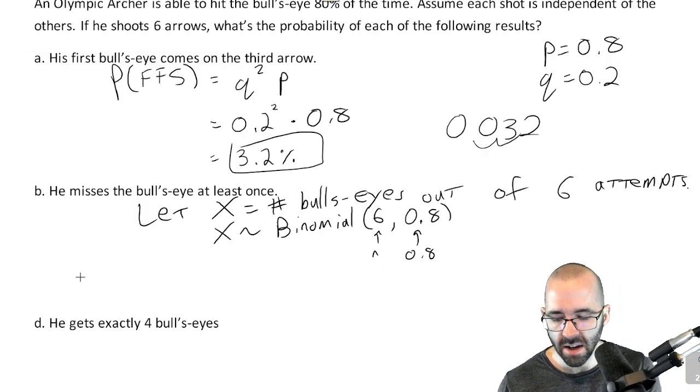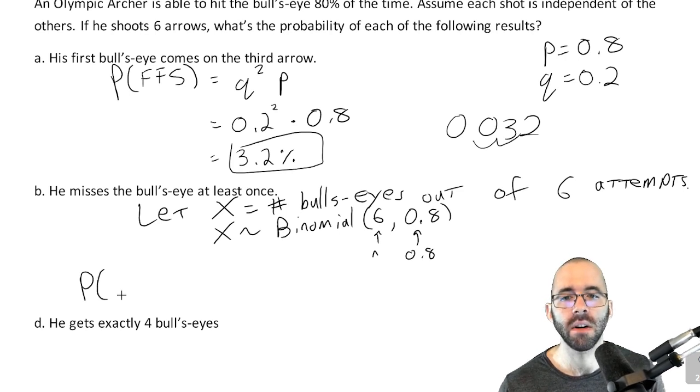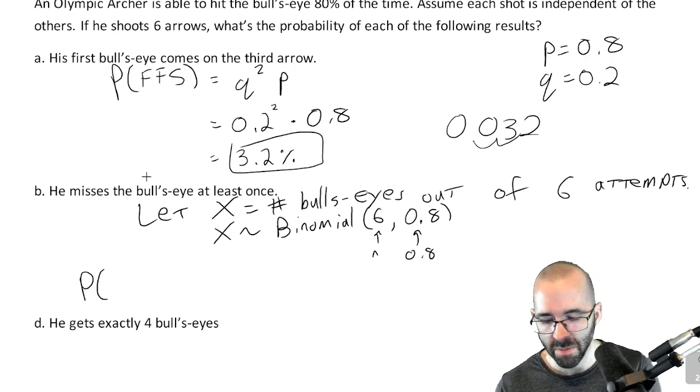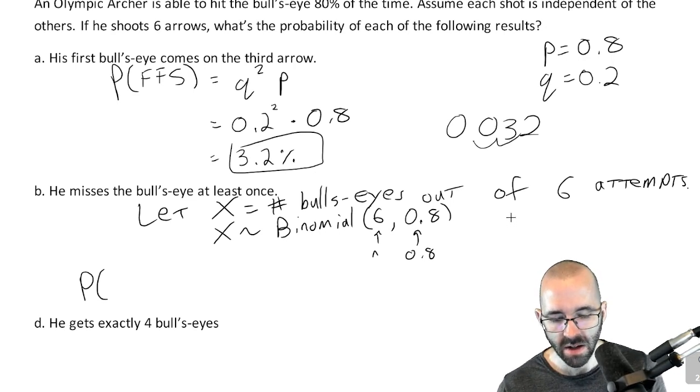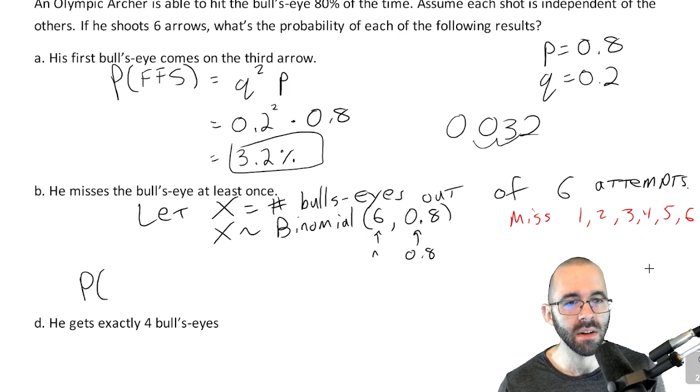So what is this asking us the probability of? So misses the bullseye at least once. We have to unpack that a little bit. So that means we miss 1, 2, 3, 4, 5, or 6 times.